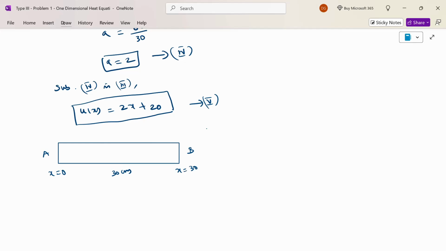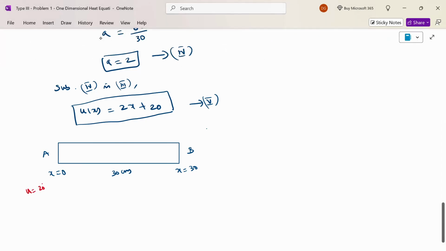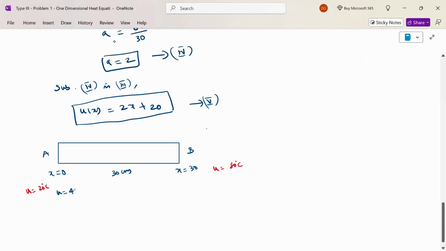What are the values until the steady state condition? u is 20 degrees Celsius at one end and 80 degrees Celsius at the other. Then suddenly the A end rises to 40, and the B end is reduced to 60. So this is a reduction, and this is an increase.